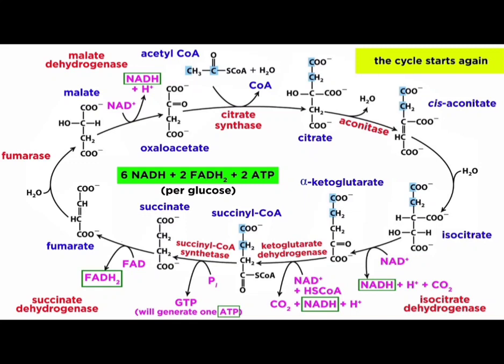Then two acetyl-CoA molecules will fuel and start two Krebs cycles rather than one. That is why we get 6 NADH, 2 FADH2 and 2 GTP molecules instead of 3 NADH, 1 FADH2 and 1 GTP, because this process is repeated due to the availability of 2 acetyl-CoA molecules.